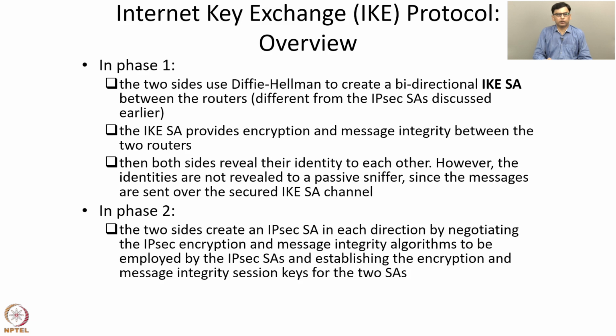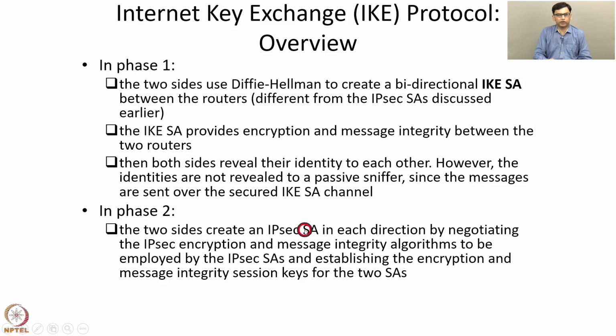In phase 2, the two sides create an IPsec security association in each direction by negotiating the IPsec encryption and message integrity algorithms to be employed, and establishing the secret keys that will be used for encryption and message integrity for the two security associations. This phase 2 is run periodically.